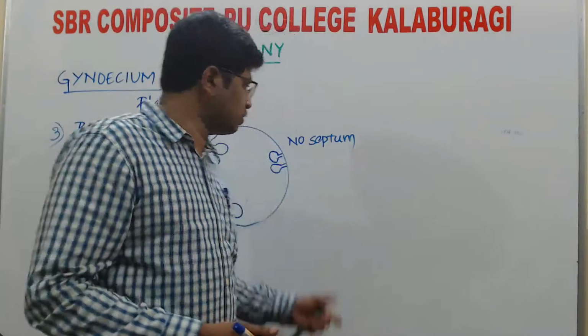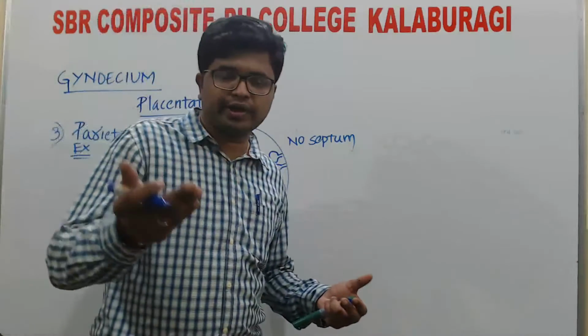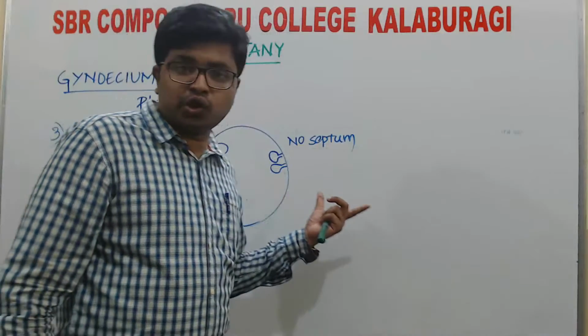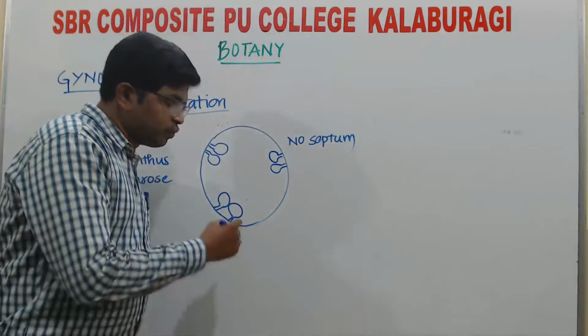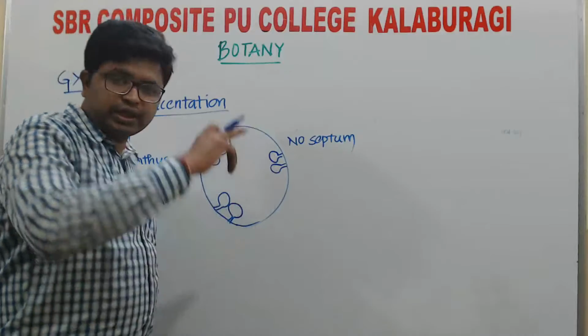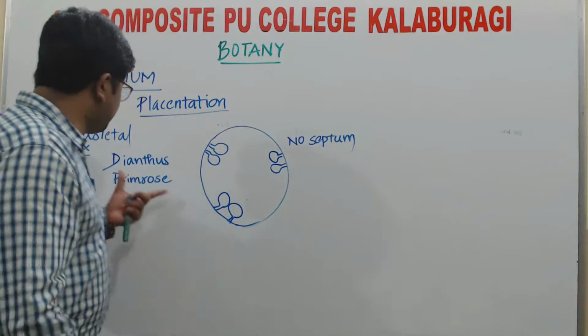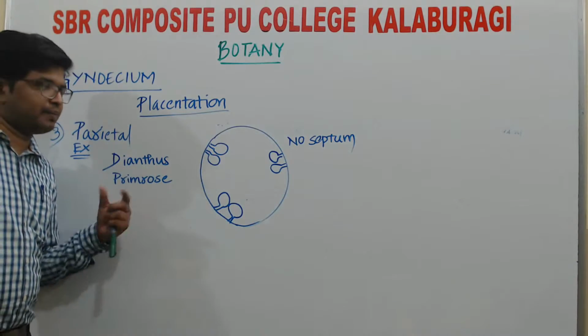When it gets older, the septum, what we saw in axial placentation, those walls will not be there. So you can say it is unilocular, and you will see that the ovules are placed on the periphery. That's why parietal placentation. Example is dianthus and primrose.